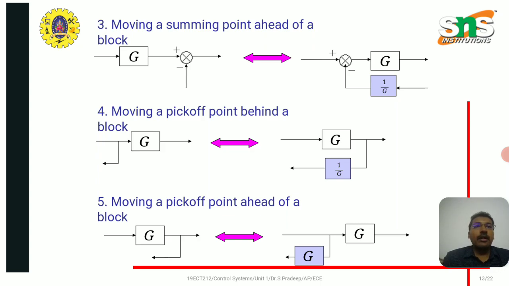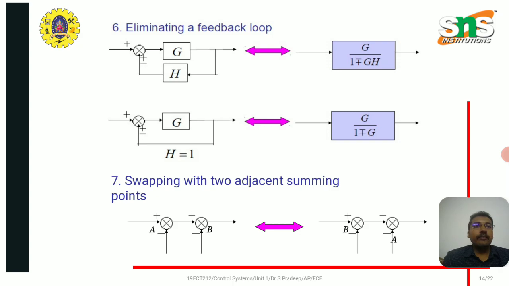Moving a summing point ahead of a block, moving a pickoff point behind a block, moving a pickoff point ahead of a block gives these types of reduction techniques. And this slide shows how to eliminate a feedback loop and swapping two adjacent summing points.